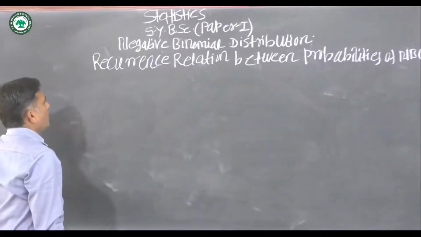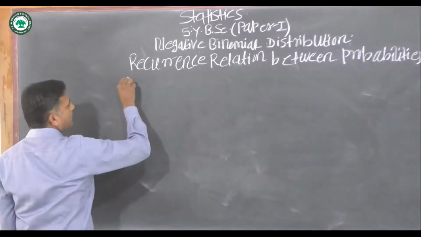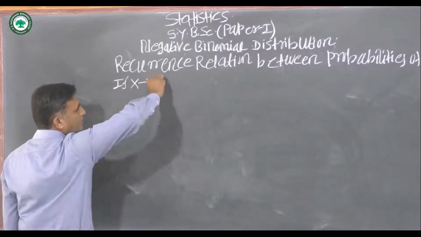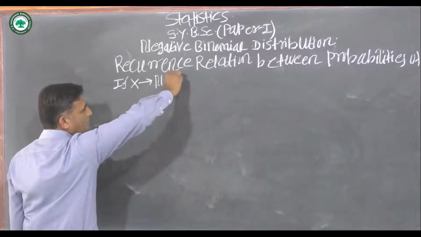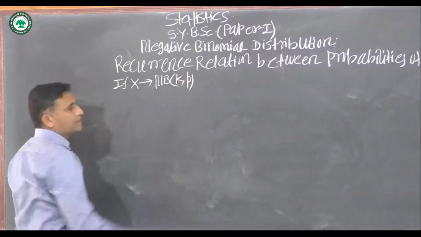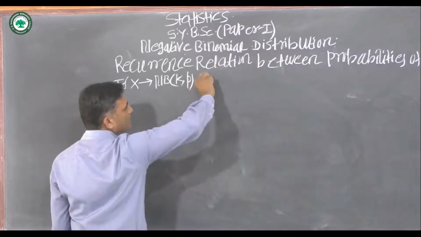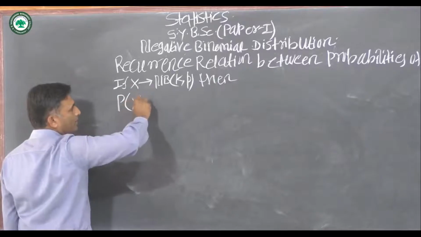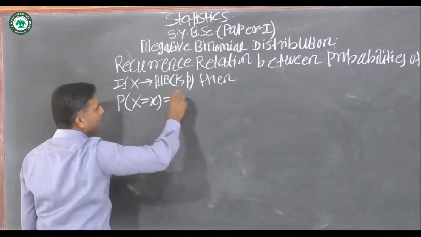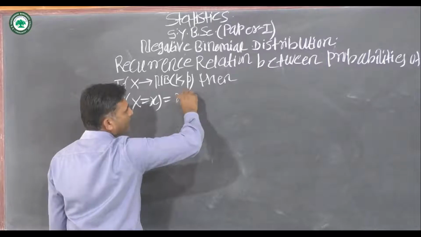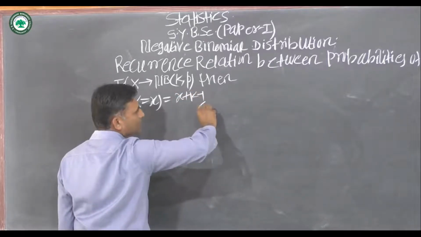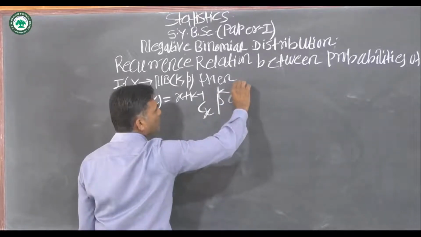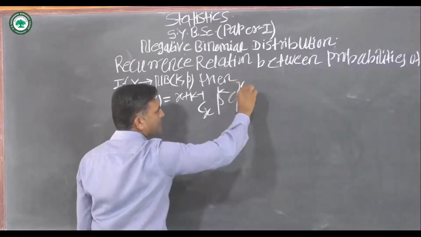Okay, if X follows negative binomial distribution with parameters k and p, then probability of X equal to small x, which is equal to x plus k minus 1 c x into p raised to k into q raised to x.